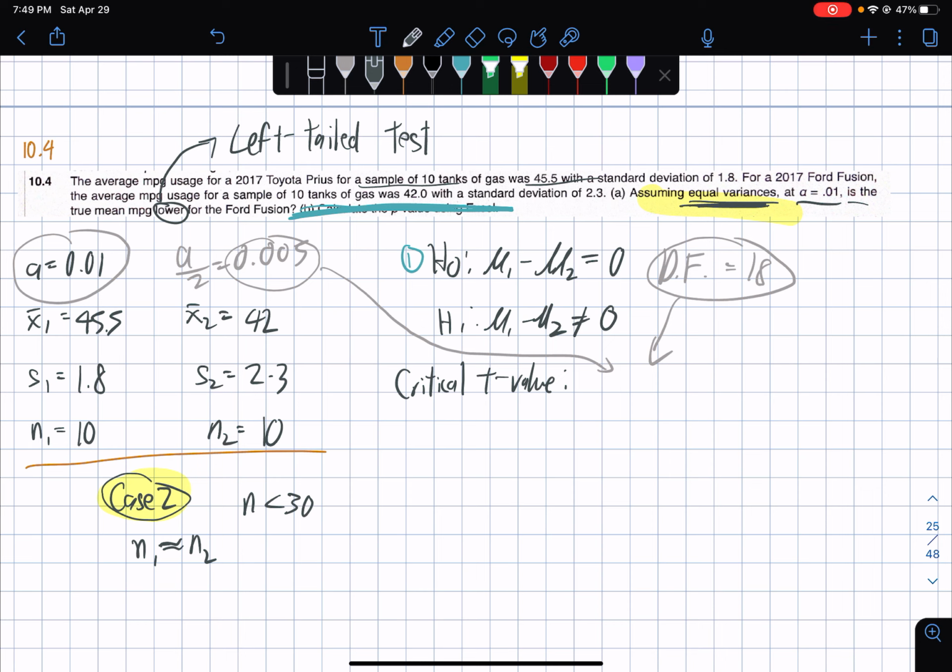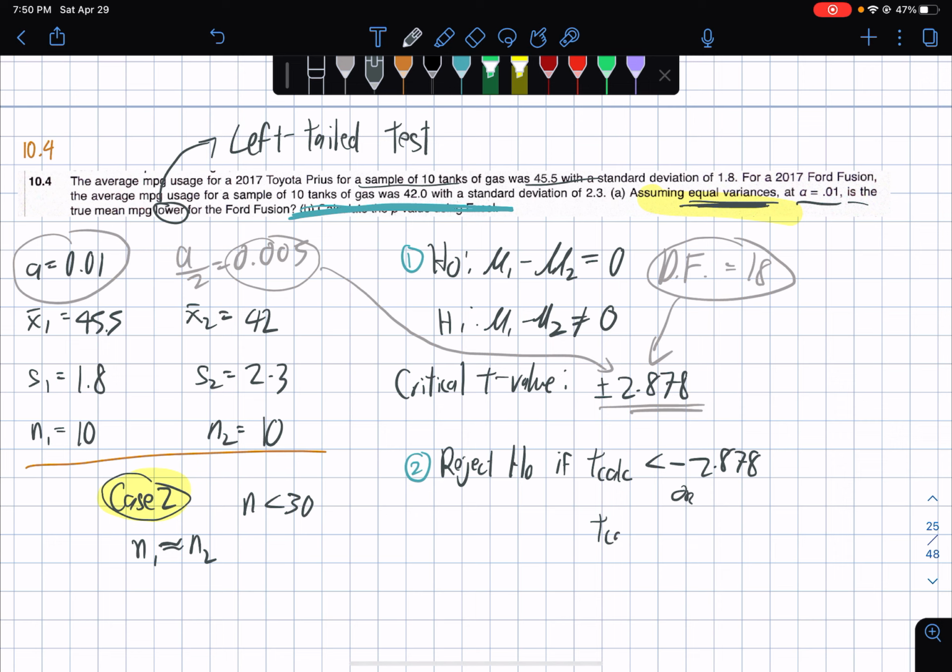So plus or minus 2.878. With 2.878, let's go to step 2: reject H0 if T calc is less than negative 2.878 or T calc is greater than positive 2.878.